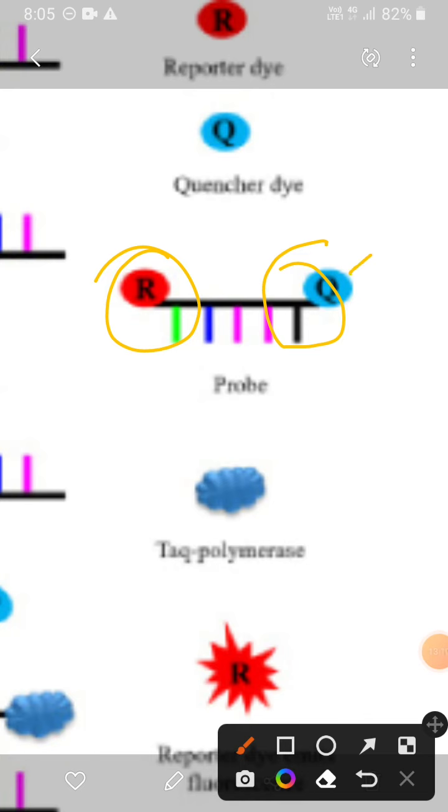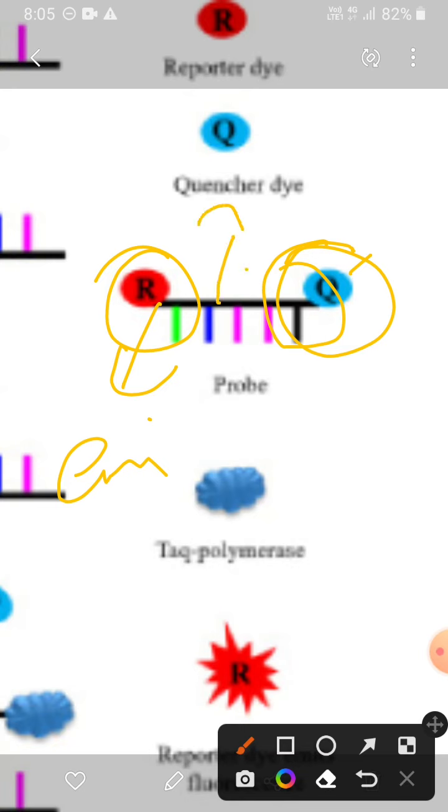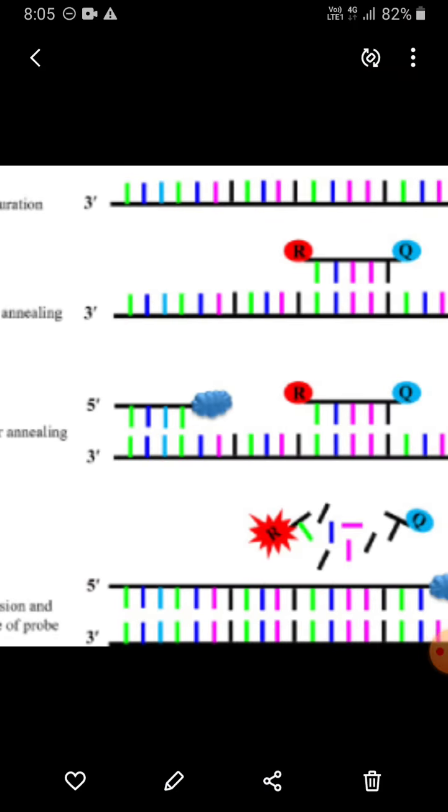So the reporter dye cannot emit any kind of signal if it is closely located to the quencher, and the middle portion is the DNA sequence that is complementary to the target DNA sequence.